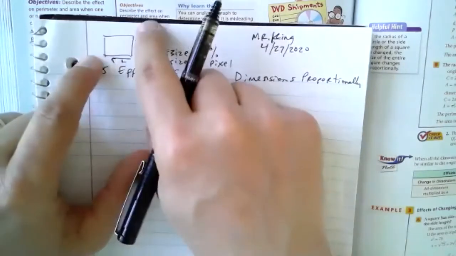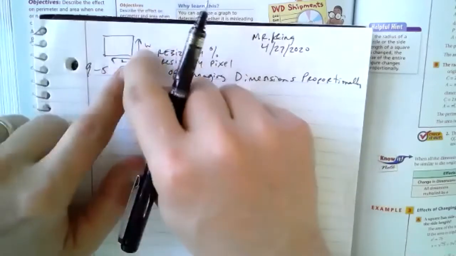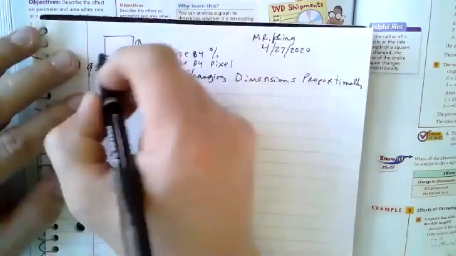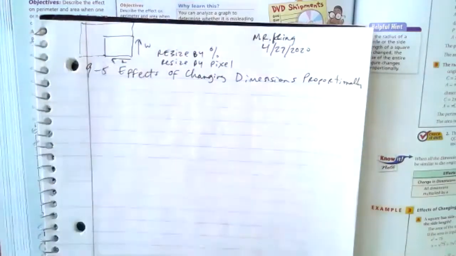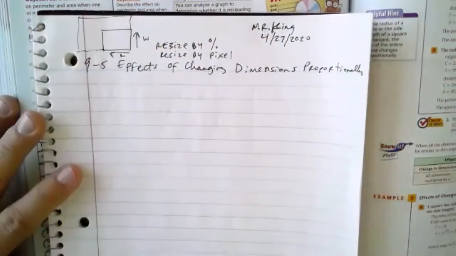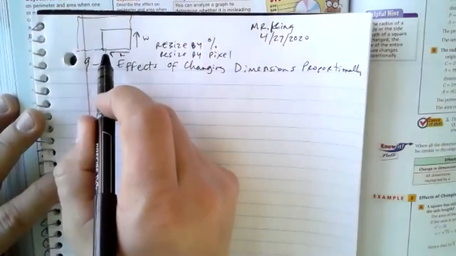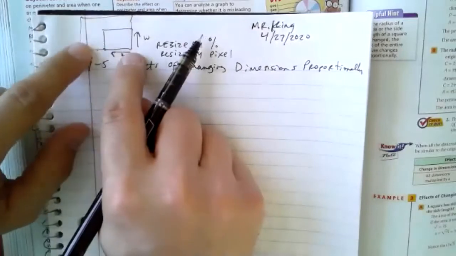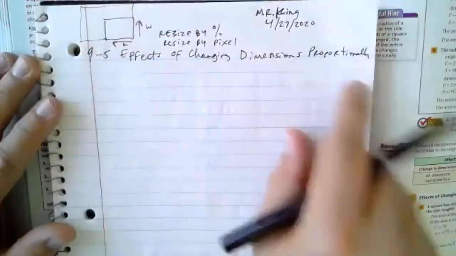In other words, we double the length and the width. If we double both of those, we're scaling it up by a factor of 2. Or you can resize something by a certain number of pixels more. But we're changing dimensions proportionally.